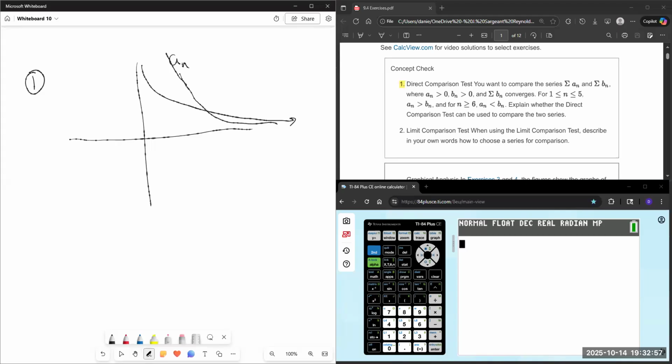This is AN, and this is BN. And we know that BN converges. So because BN converges and AN is less than BN for some, I'll call this capital N, or the next integer above that you can call capital N, then AN also has to converge. So yes, we can use the direct comparison test here.